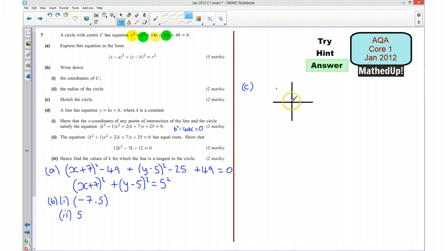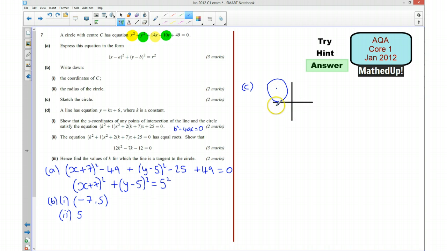So what we need to make sure that we do is, because it's got a radius of 5, it's only going to touch our x-axis. So we need to draw our circle and show that it touches our x-axis.